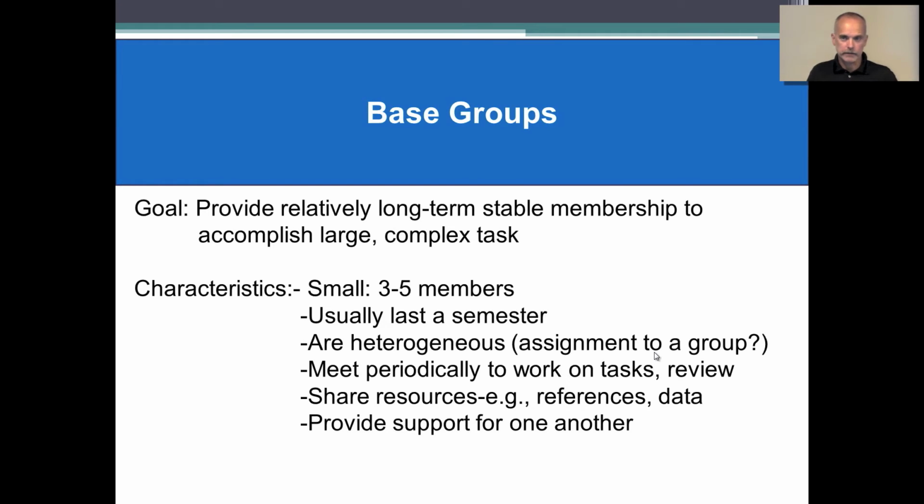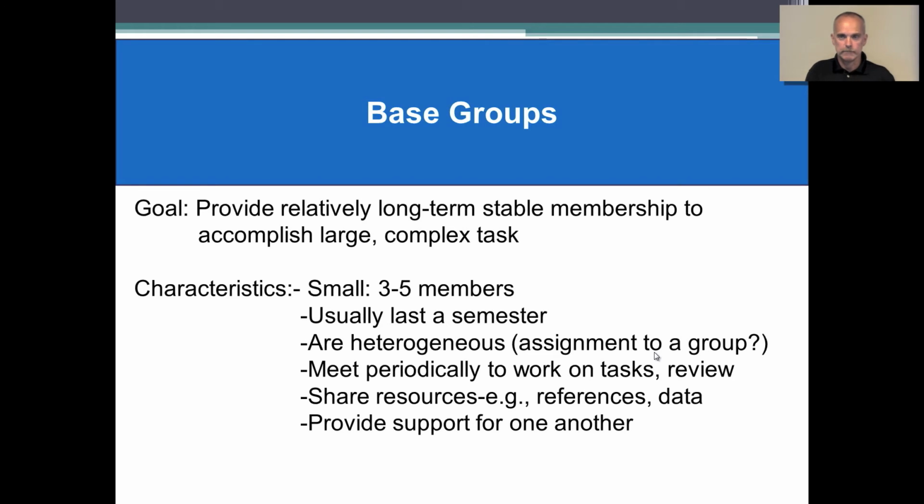This is where the positive interdependence comes in, whether it's references, data, or parts of the project report that they're developing. Make sure that there is the exchange of that information. Make sure that there is a system for them to provide support for one another.